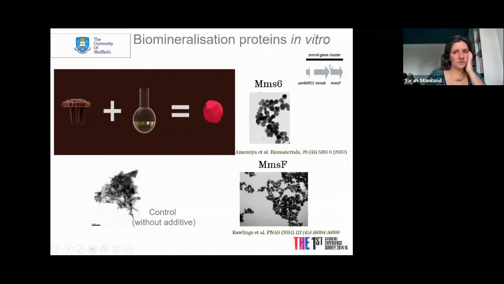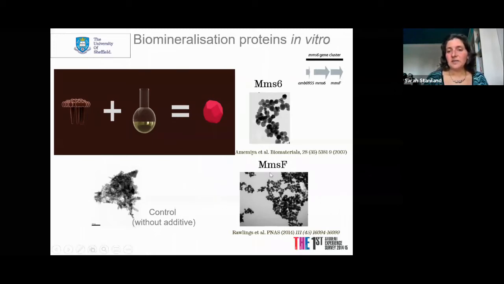MS6 was found tightly bound to the magnetosome membrane, so it was assumed to be important. But since then, there's been a lot of work on the genetics, and it's been shown that it's in a gene cluster next to MmsF. And MmsF has been shown, through more genetic knockout mutagenesis, to be really important for controlling size and shape.